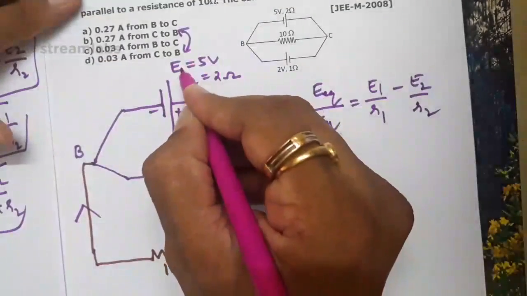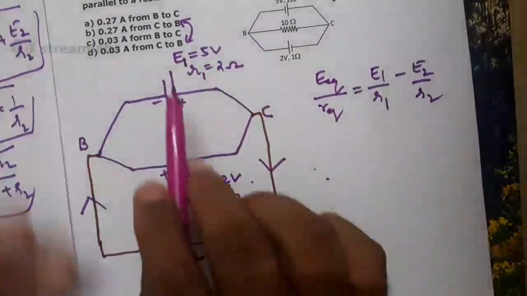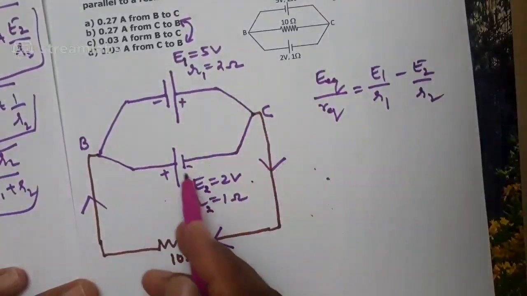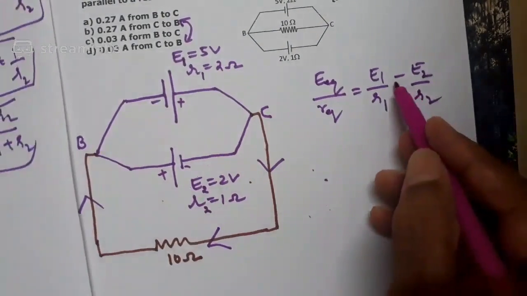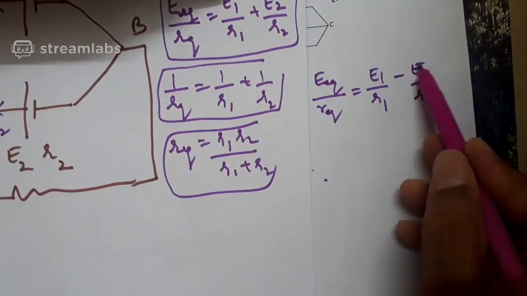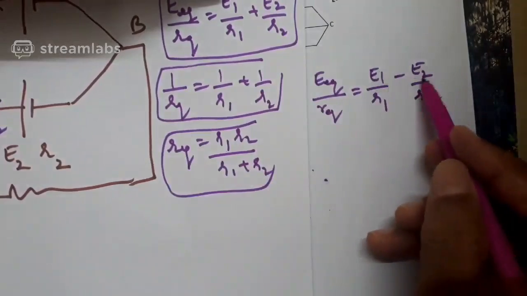If I say this is E1 and this is E2, this is R1 and this is R2, since E1 is of higher EMF, the direction of the current is as sent by the cell having higher EMF, but this cell will try to send a current in the opposite direction. That is why instead of E1 by R1 plus E2 by R2, since this cell is trying to send a current in the opposite direction, I should take it as E1 by R1 minus E2 by R2.